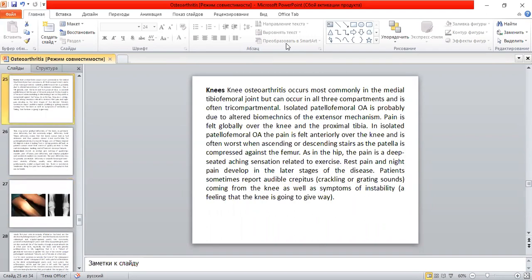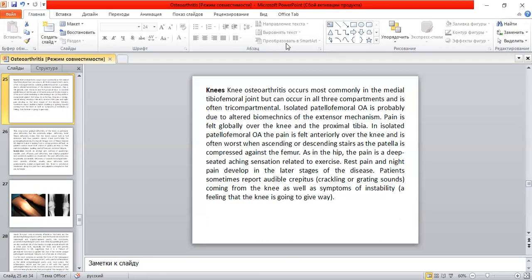Knee. Knee osteoarthritis occurs most commonly in the medial tibiofemoral joint, but can occur in all three compartments and is often tricompartmental. Isolated patellofemoral osteoarthritis is probably due to altered biomechanics of the extensor mechanism. Pain is felt globally over the knee and the proximal tibia.